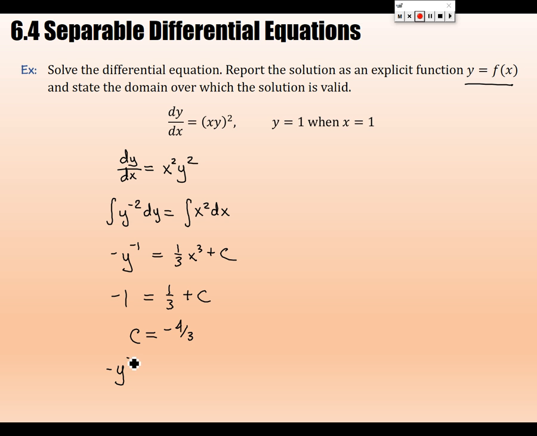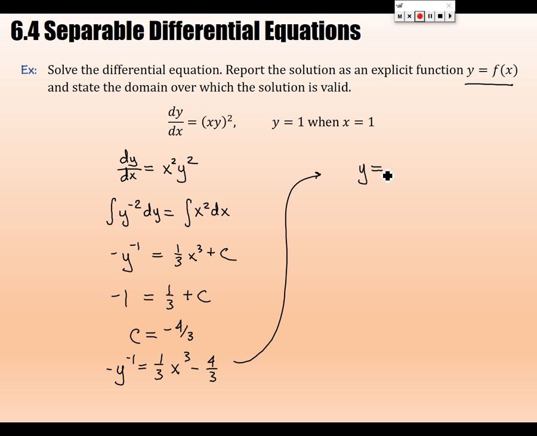Going back here, the calculus is not the issue now. How do we solve that for y? Let's be very careful in doing it. Let's write this as a function of x.